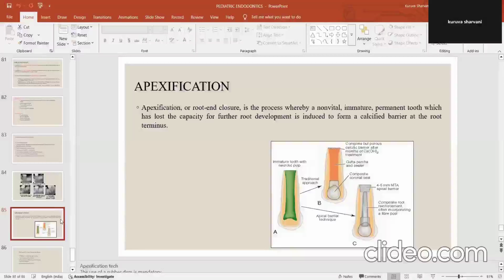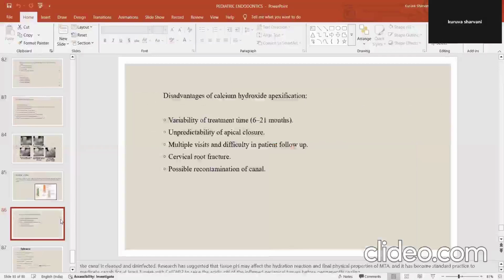So apexification is a process where the tooth is non-vital and immature, that is, root formation is incomplete, where the root has lost the capacity for further root development. The medicament used in apexification is calcium hydroxide. But the disadvantage of calcium hydroxide is it takes a minimum of 18 months for the formation of root closure. So, there will be heavy appointments, right?